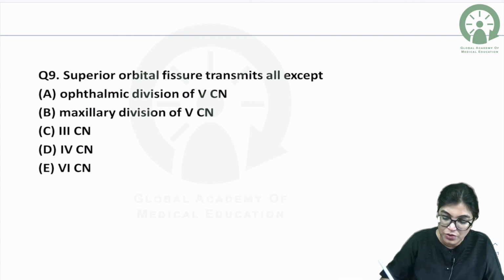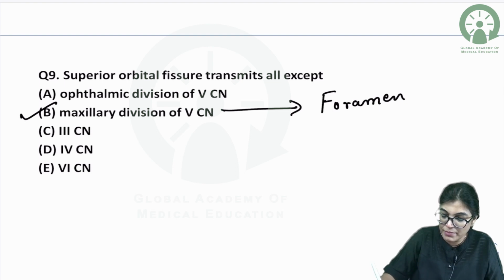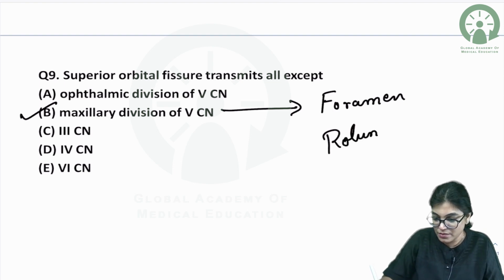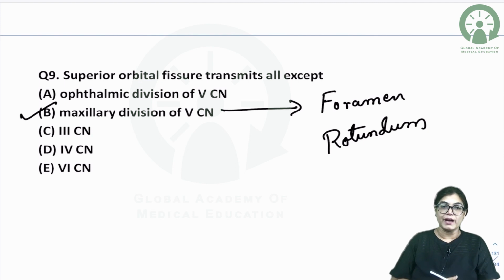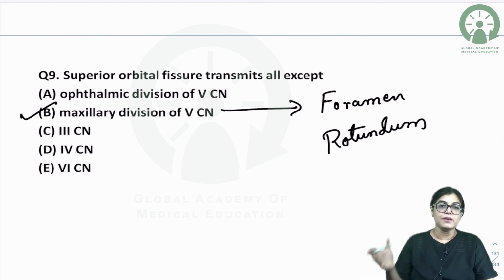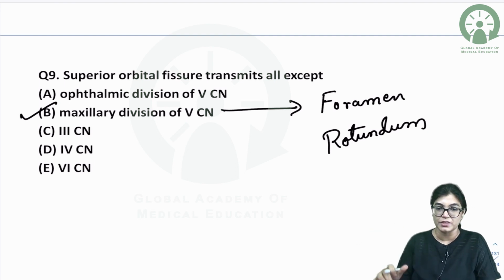My dear aspirant, we know that the maxillary division of the trigeminal nerve passes through foramen rotundum and it is not passing through the superior orbital fissure. So, the odd man out is the maxillary division of the trigeminal nerve.